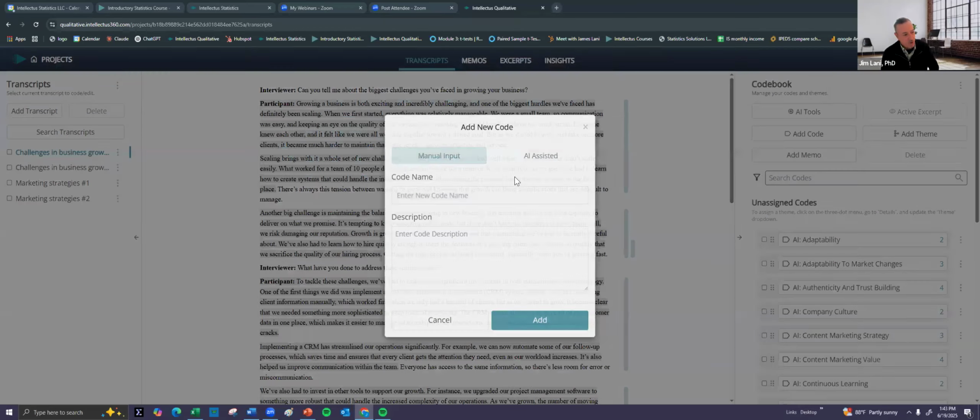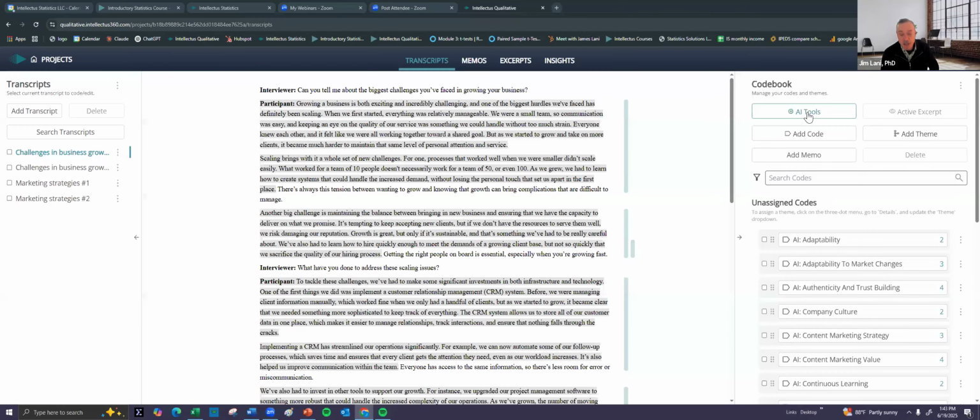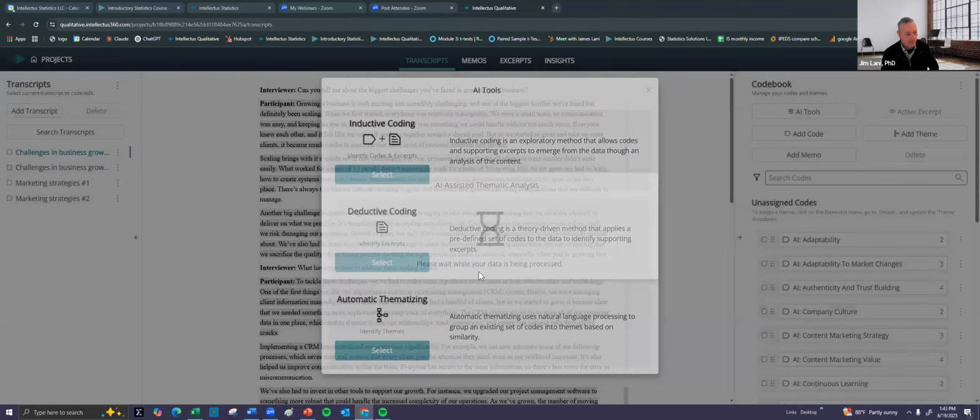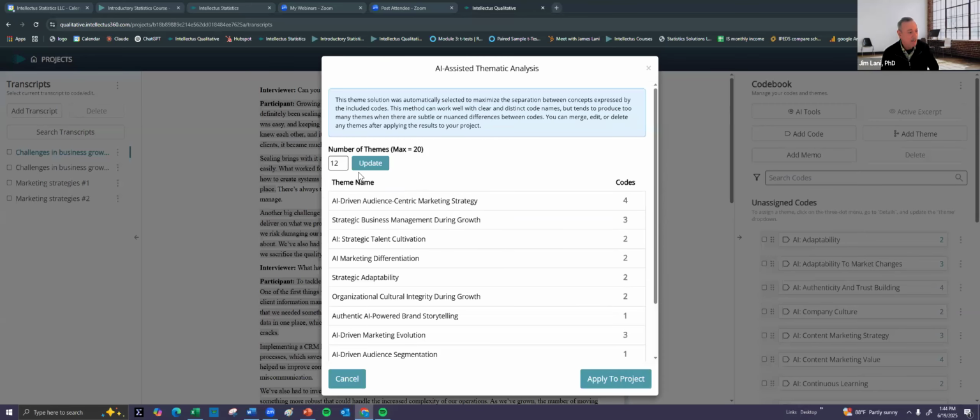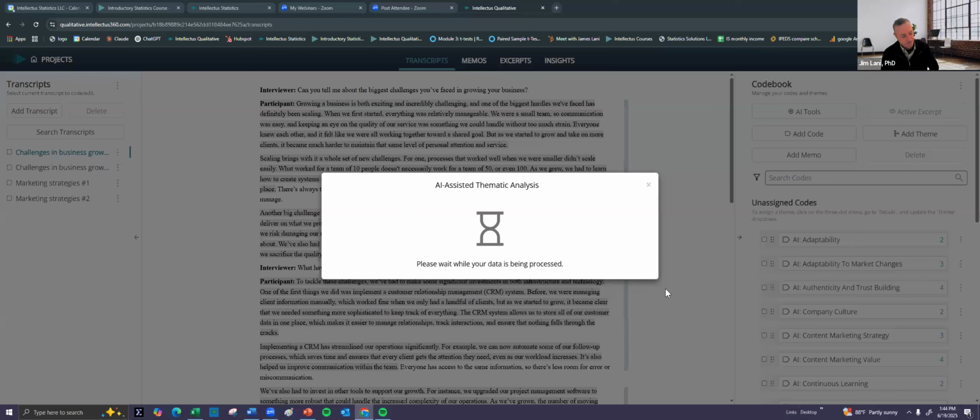You can, of course, code manually or have a little assistance there. You can also thematize. How many themes can represent those codes? Here they have 12. Again, you may want to moderate that a little bit.